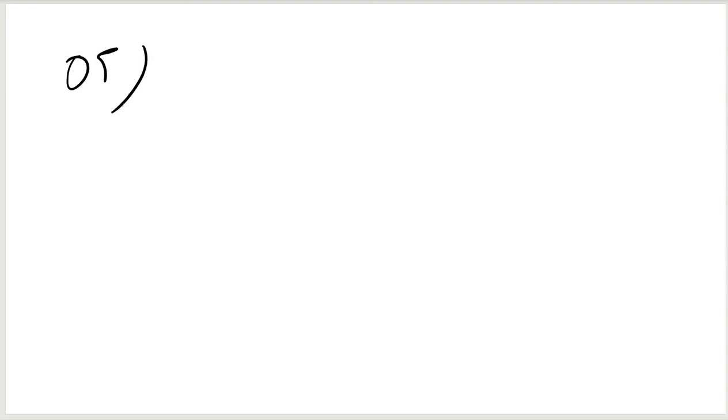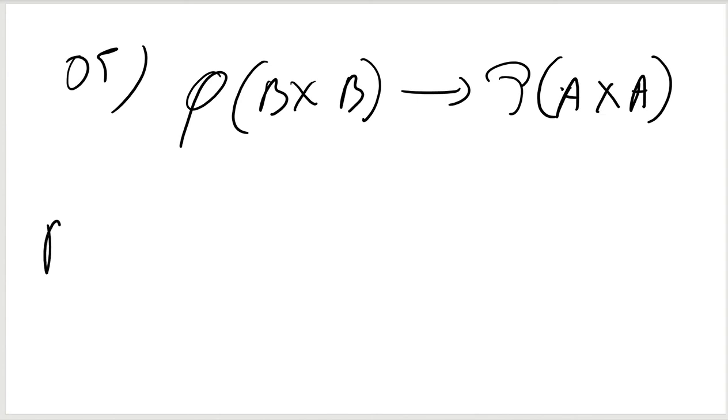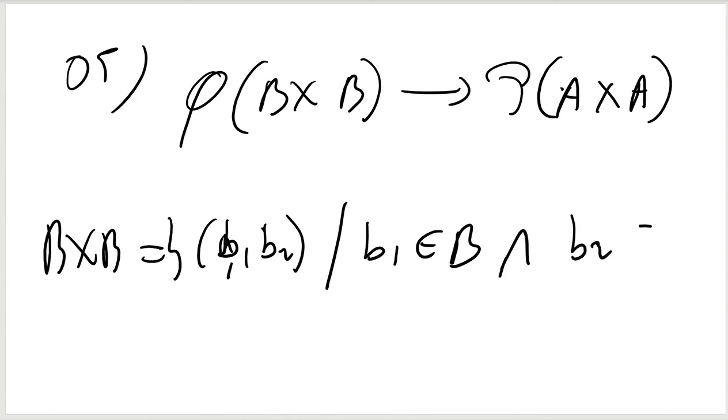You have a function phi which is defined from B cross B to the power set of A cross A. So remember, B cross B is a set of (b1, b2) such that b1 is in B and b2 is in B, right?